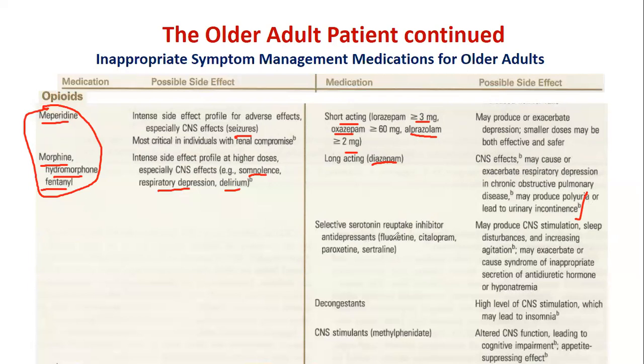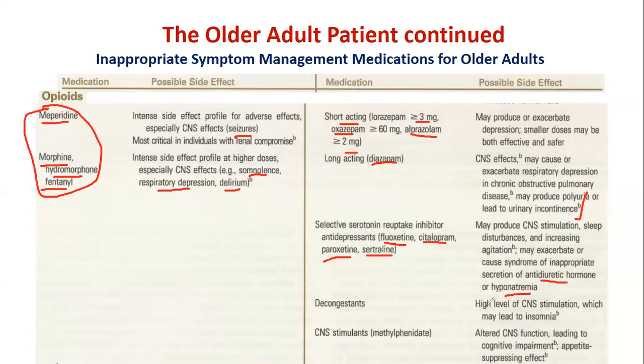Selective serotonin reuptake inhibitor antidepressants like fluoxetine, citalopram, paroxetine, and sertraline. The most common selective serotonin reuptake inhibitors may produce central nervous system stimulation, sleep disturbance, increased agitation, and may exacerbate or cause the syndrome of inappropriate secretion of antidiuretic hormone, and hyponatremia.